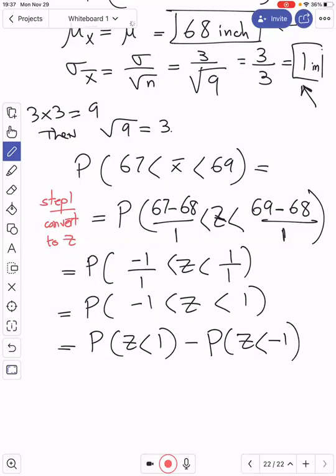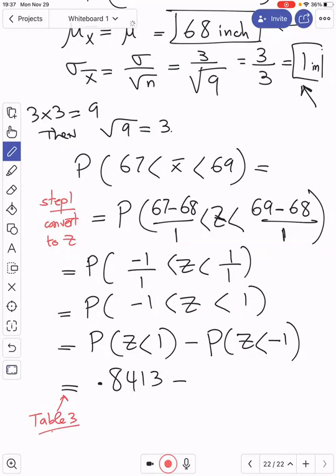Now I can use my table. So the probability that z is less than 1, where 1 is positive: nearest tenth is 1.0, and nearest hundredth is just 0.00. So that's 0.8413.